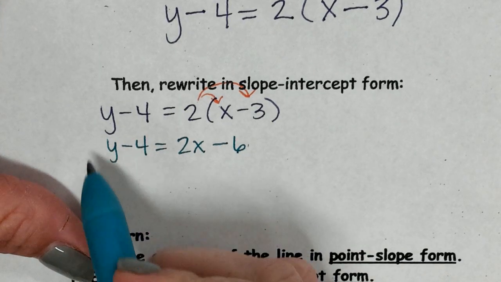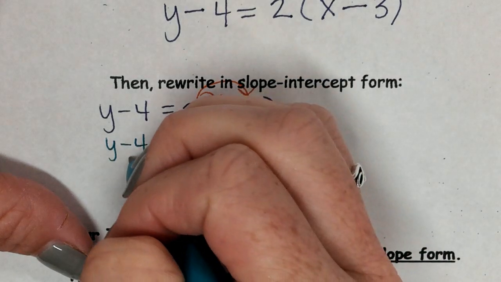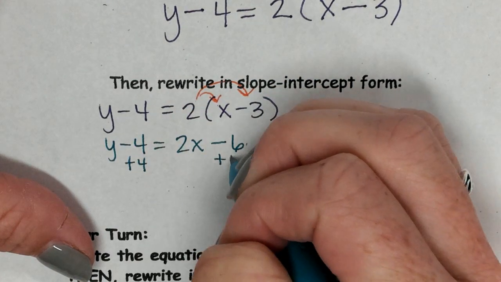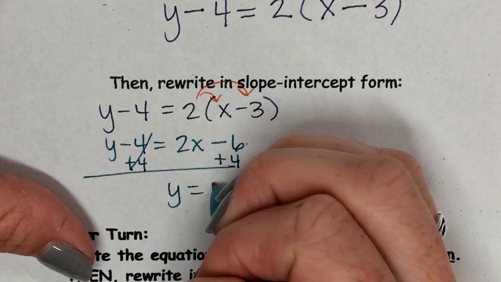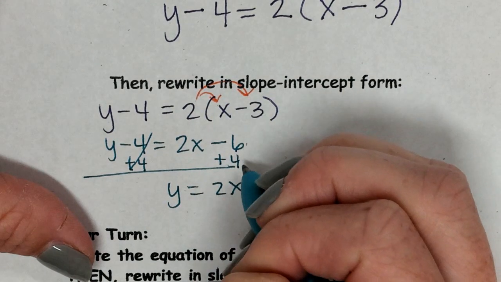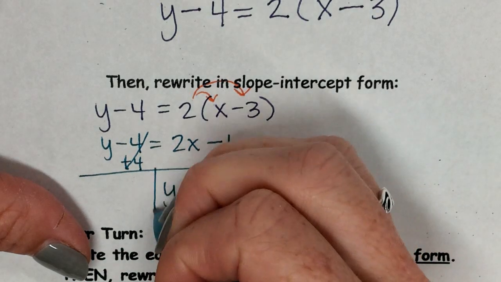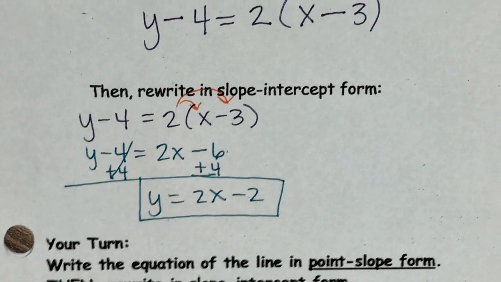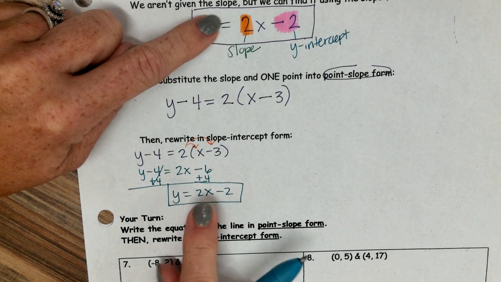How am I going to get the y by itself and get rid of a minus 4? So I'm going to do plus 4 on both sides. I am left with y equals 2x, and what is negative 6 plus 4? Negative 2. Did I get the exact same equation that I got up here?